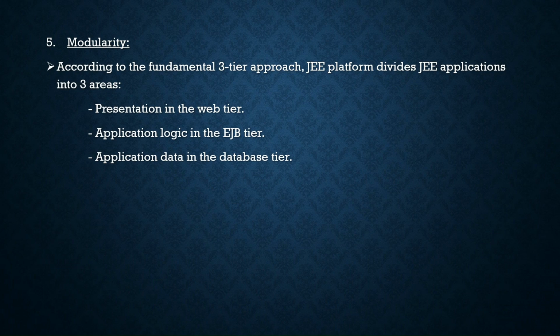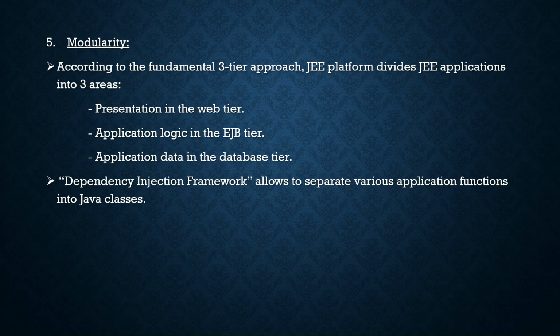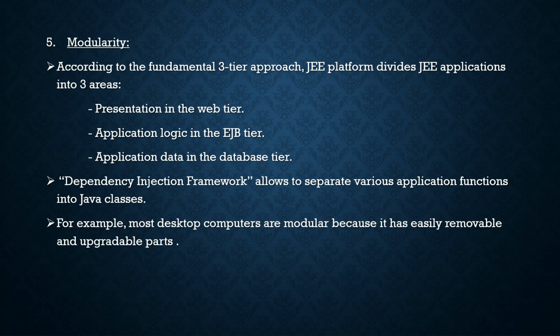And the third one, application data in the database tier. Dependency injection framework allows separating various application functions into Java classes. For example, most desktop computers are modular because they have easily removable and upgradable parts.